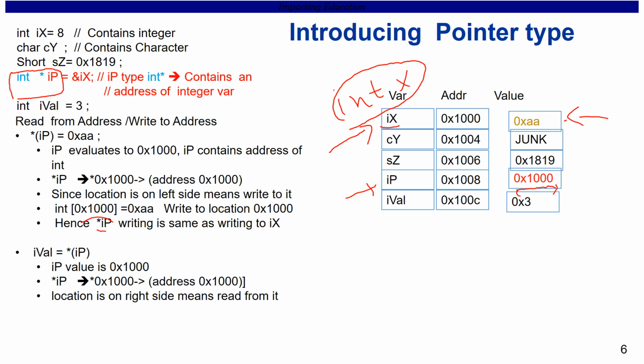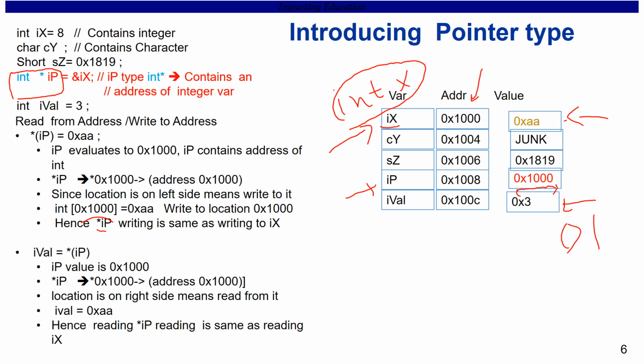So address 1000 will be accessed for reading by the underlying processor, and ival will become 0xAA. I'm sorry, it should have updated. So ival here should have become 0xAA.